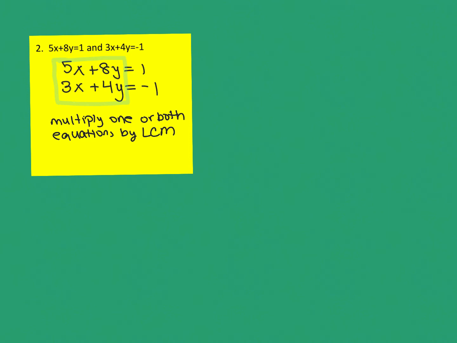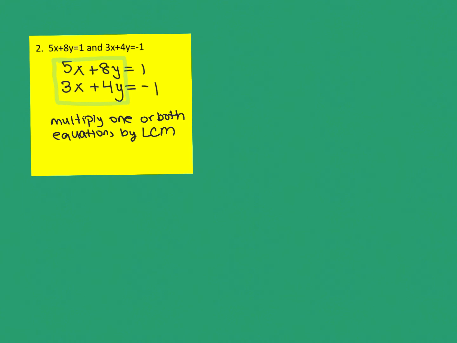So if I have to change one of my equations, I'm going to want to pick an equation, or at least pick the variable that's a little easier for me to work with, okay? So maybe there's something in common that I already have. Maybe I could transform one of my equations to look like the other and not have to multiply both, okay?